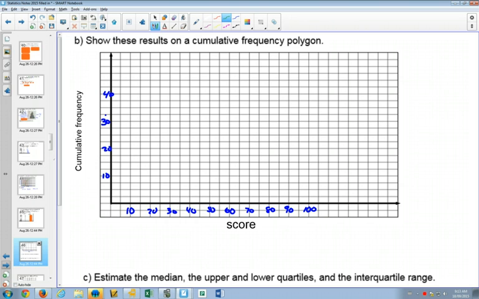So we start with 8 at 20, and then we're at 18. Oh, 18 would be, yeah, about there. And then at 30, we're at 24.